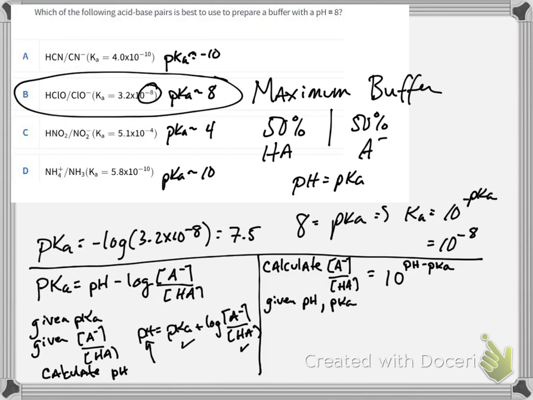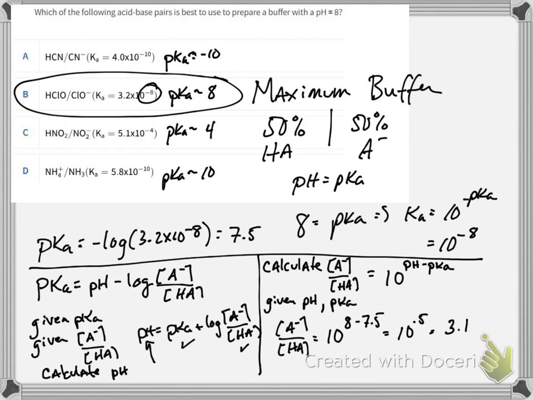We know pH is 8, so A minus over HA is equal to 10 to the 8 minus 7.5, or 10 to the 0.5, or 3.1.